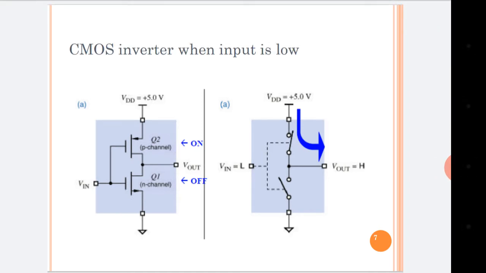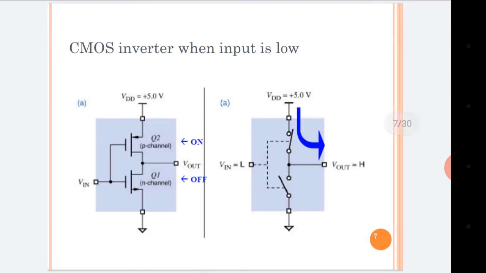Observe this slide. This slide explains the operation of the inverter. Whenever input is 0, that is the low input, if you connect 0 to the gate of the PMOS, then it will be acting as an on switch, and if you connect 0 to the gate of the NMOS, then it will be acting as an off switch, that is open. In the second diagram, you can observe the first switch, that is PMOS, is closed, and the bottom switch, that is the NMOS, is open.